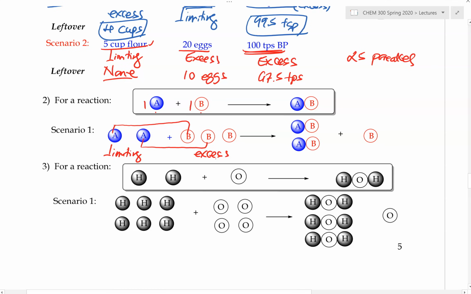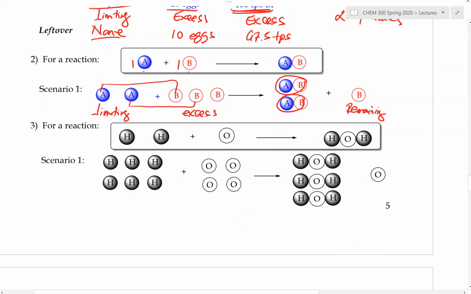We will be able to form 2 of this AB product, and we have 1 of this B remaining. So very easy, right? And quite easy for us to identify the limiting and the excess reactant.